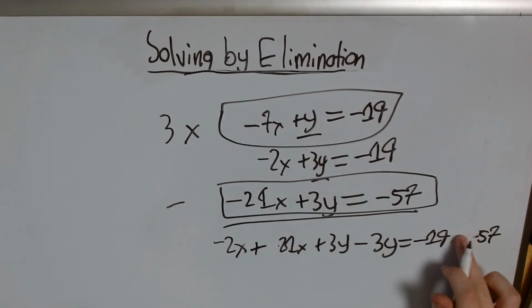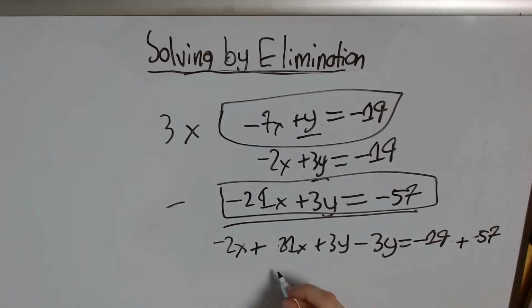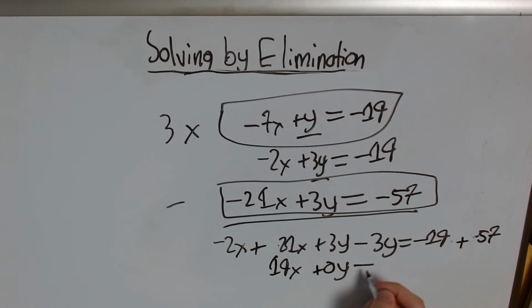Those turn into positives. And now I'm going to solve. So, 21x minus 2x, same thing as 19x. 3y minus 3y, that's 0. 57 minus 19, that's 38.